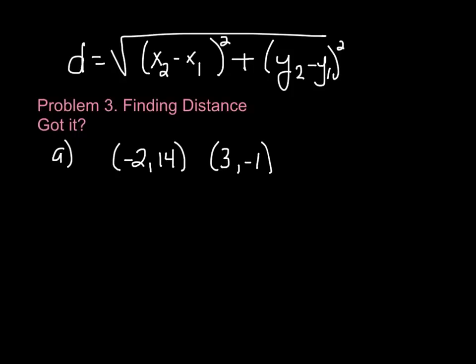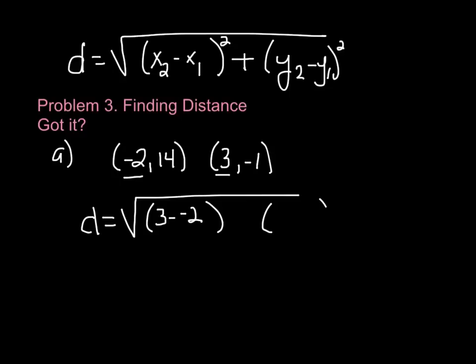So we want to find the distance of SR. All you do is use the distance formula. I subtract my x's, so that would be 3 minus negative 2. I subtract my y's, that would be negative 1 minus 14. I square them, and then I add them together.